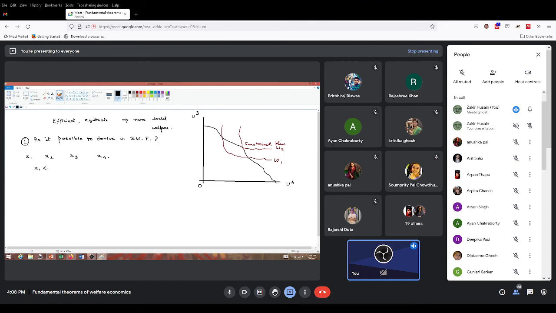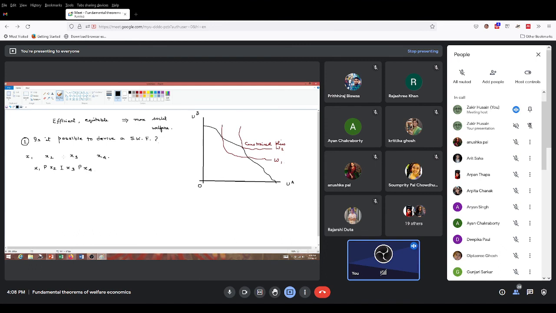So this is a possible ranking. X1 is preferred to X2, let us say X2 and X3 are indifferent, and X3 is preferred to X4. So I can rank these commodity bundles.